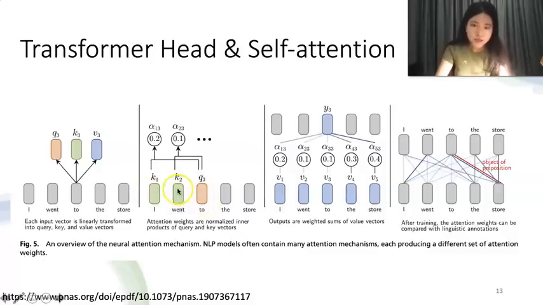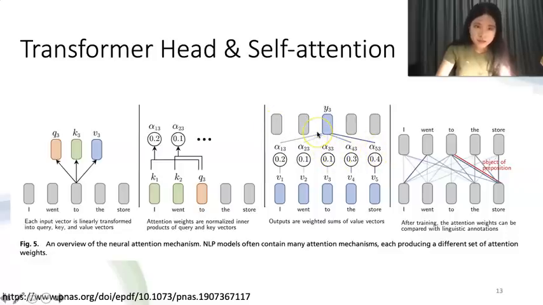And similarly, we can compute alpha 2,3, which is 0.1, for how "went" attends to "to". And so on and so forth. We will get each attention weight or attention score from each context position to the current query token "to", that is alpha 1,3 all the way to alpha 5,3, including itself, alpha 3,3.